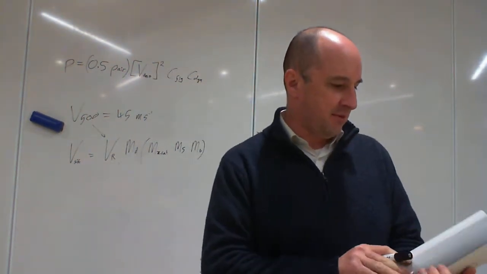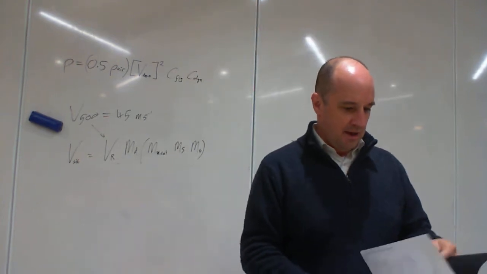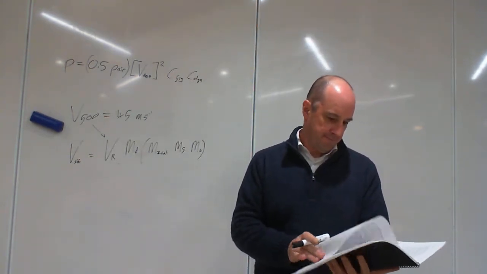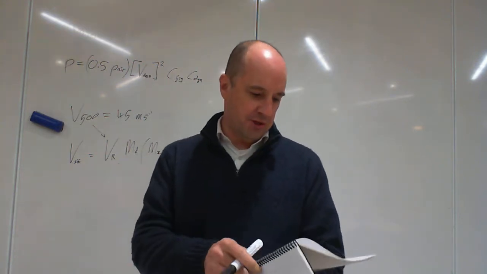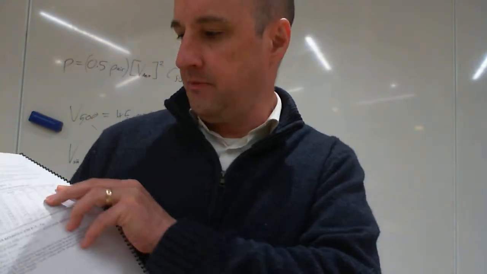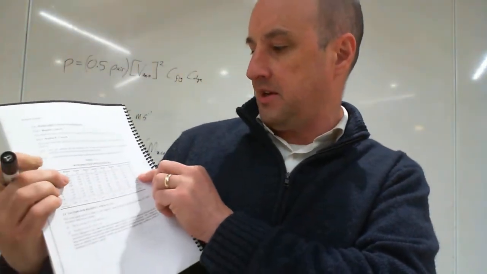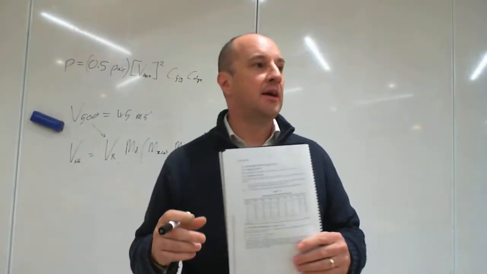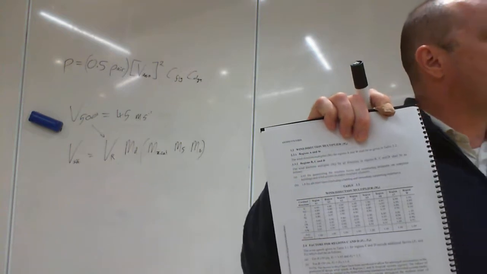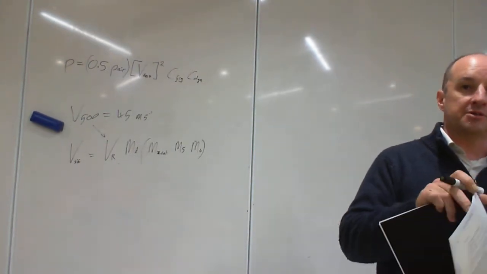We turn to a table here in table 3.2. It has a direction multiplier for each region. Region A1, A2, A3, up to A7, and then W. Basically what the meteorology department has found is that the wind doesn't blow equally hard from every direction.